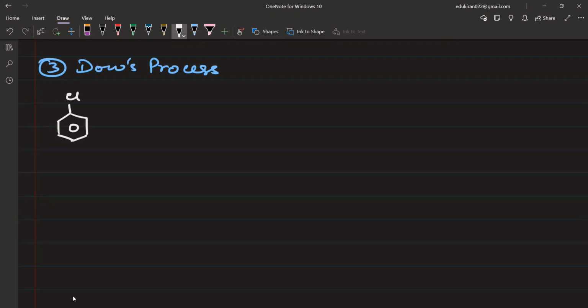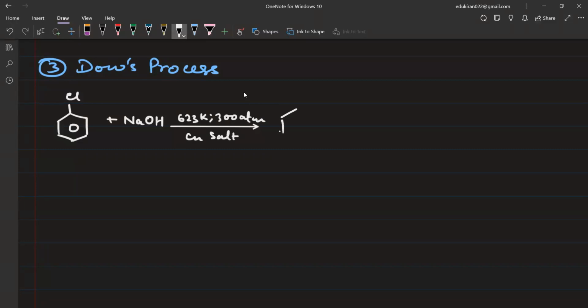We react this chlorobenzene with NaOH at elevated temperature, somewhere around 623 Kelvin and 300 atm pressure, and we use copper salts as catalyst.